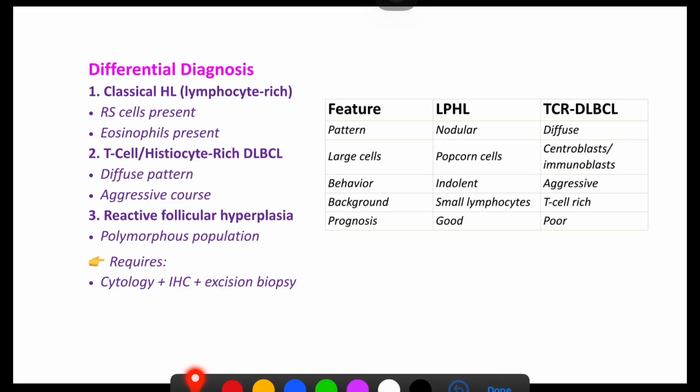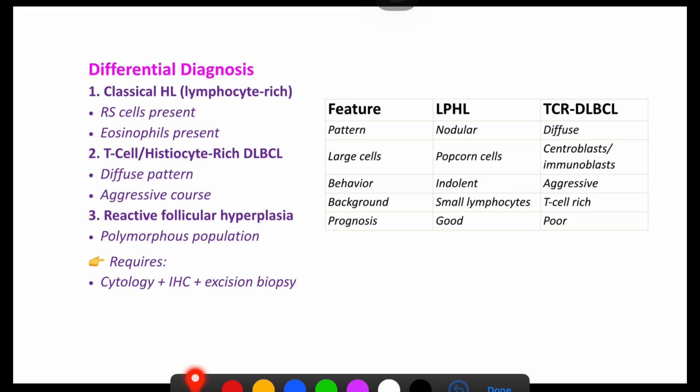So the differential diagnosis includes classic HL, which shows RS cells and eosinophils; T cell histiocyte rich DLBCL, which has a diffuse pattern and aggressive course; and reactive follicular hyperplasia, where a polymorphous population is there. So we require cytology plus immunohistochemistry and excision biopsy for confirmation.